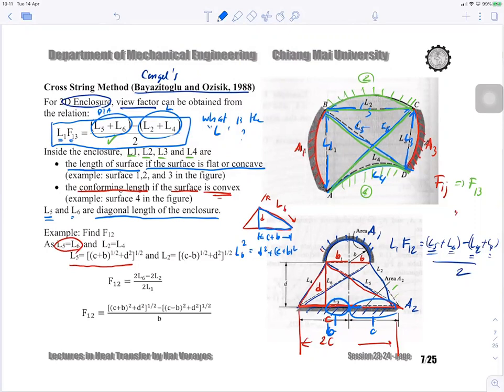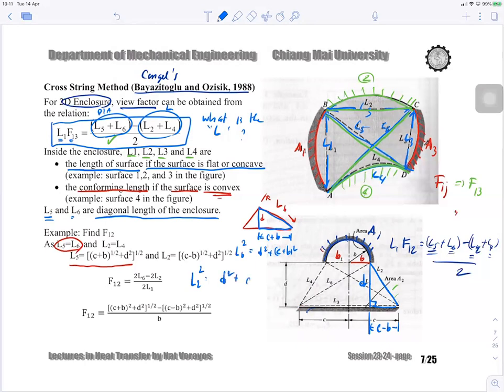Okay, and once again, I delete this thing out. Then we would like to get L2. Where's L2 again? L2 is over here, right? And the same thing, we take a look at this triangle. Because this is length D, how much is this thing? This thing is C minus B. So L2 squared is D squared plus (C minus B) squared.